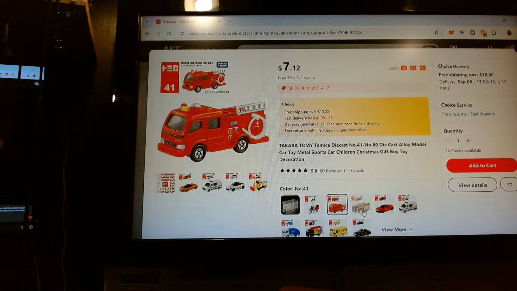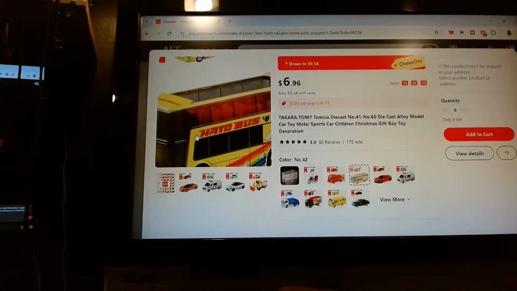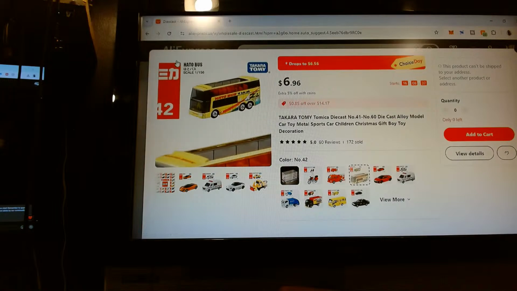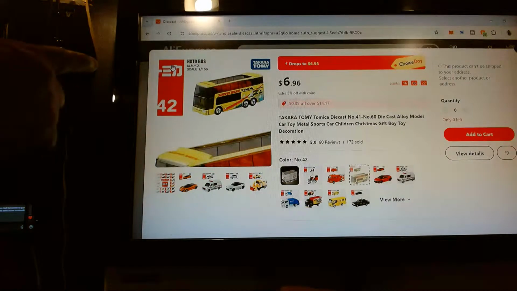For example, like this bus, right? They don't even have the scale listed. Oh, it is listed. So that one is actually 1/156 scale. So that is a lot smaller than the one you just saw, the 1/62 scale. So this is actually smaller than 1/87 scale.